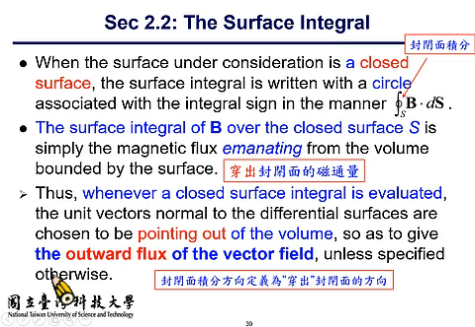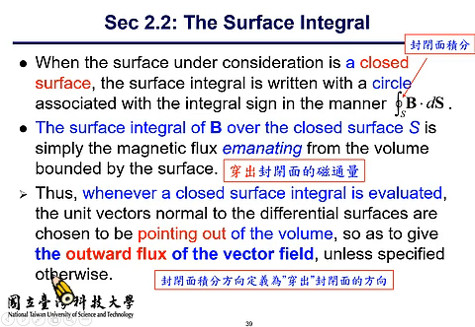Then is the flux of the electric field across this closed surface a positive number or a negative number? According to the definition, the positive flux is pointing outward.